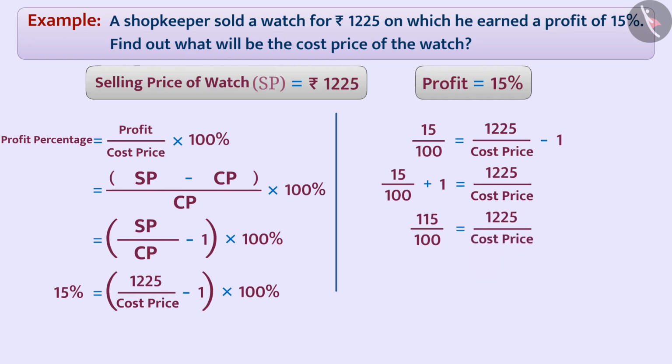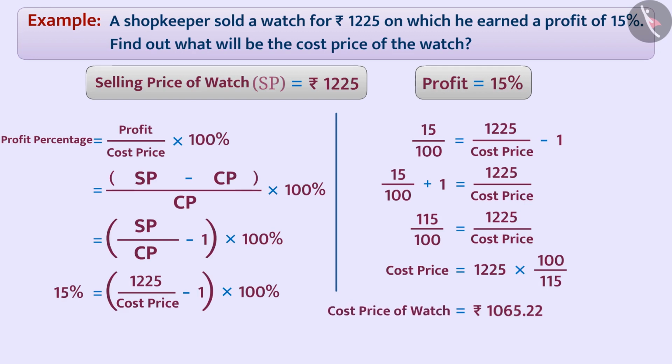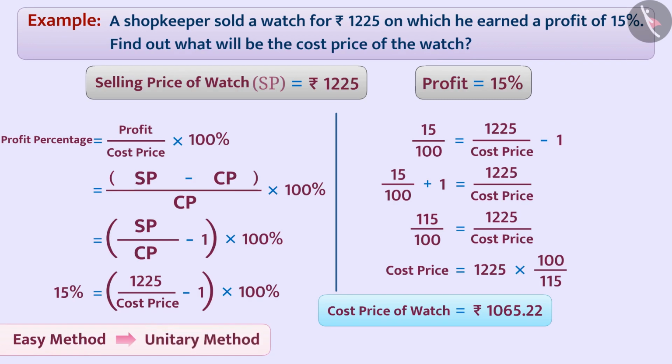In this way, the cost price is equal to 1225 multiplied by 100 divided by 115. That is, the cost price is equal to 1065.22 rupees. Therefore, the cost price of the watch is 1065.22 rupees. You can solve this question with another easy method, which is called the unitary method, which we will see in the next video.